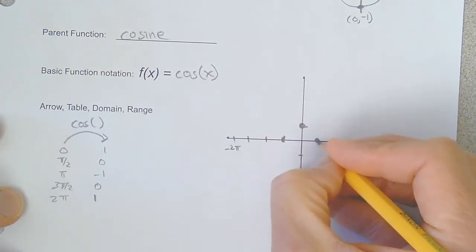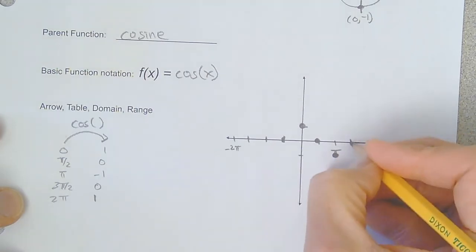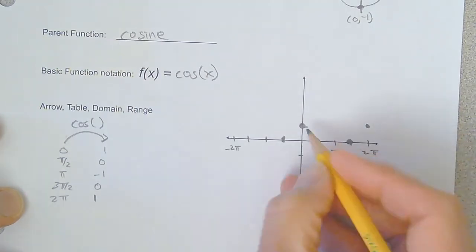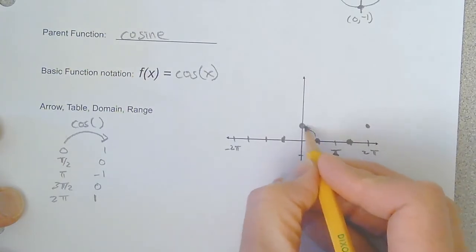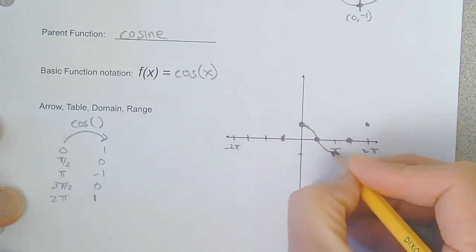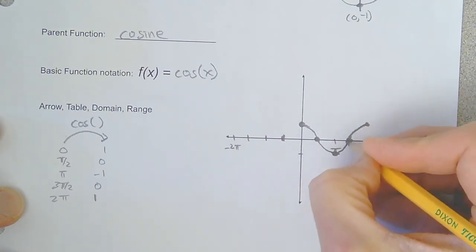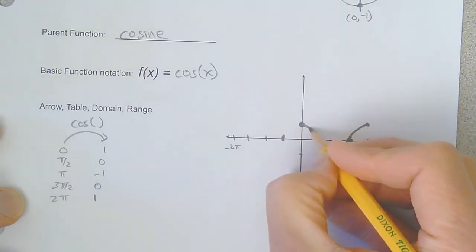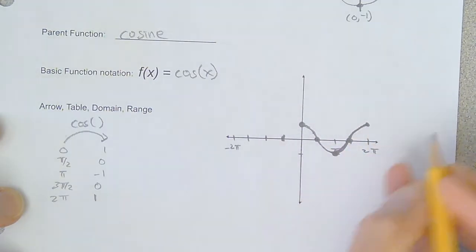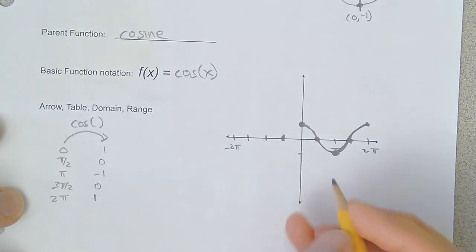And then pi over 2, 0, pi, -1, 3 pi over 2, 0, and 2 pi, 1. And so this has a similar looking shape to the sine function, except that the sine function starts in the middle and goes up. The cosine function starts at a high point and drops down.